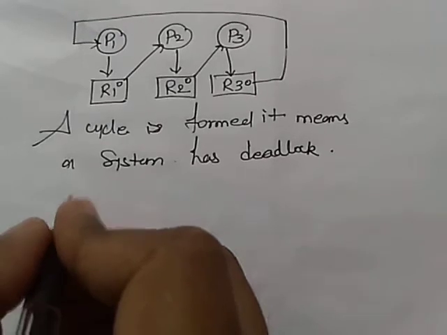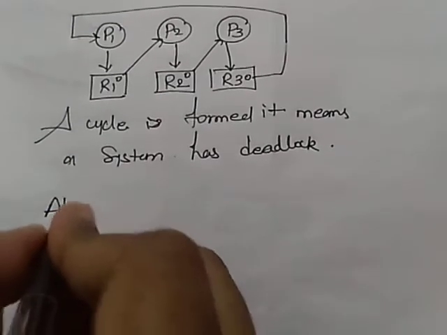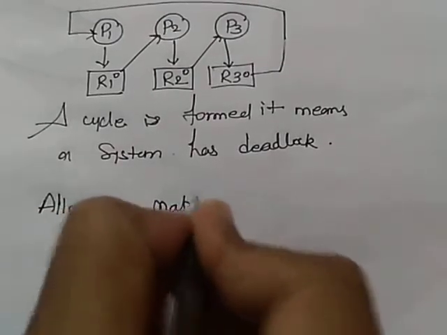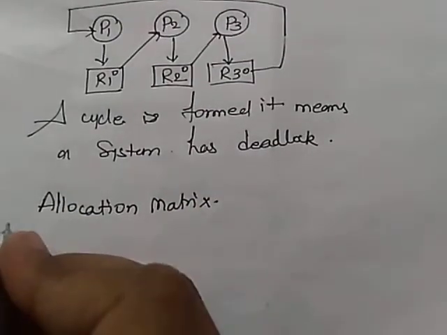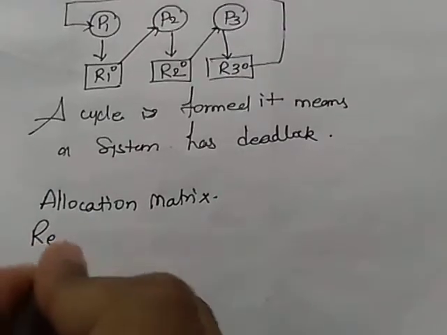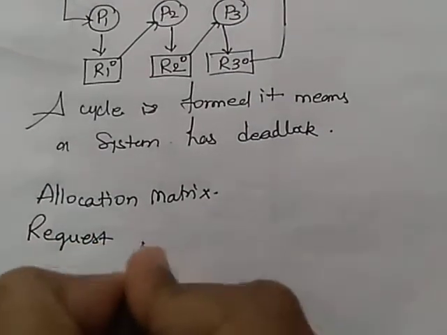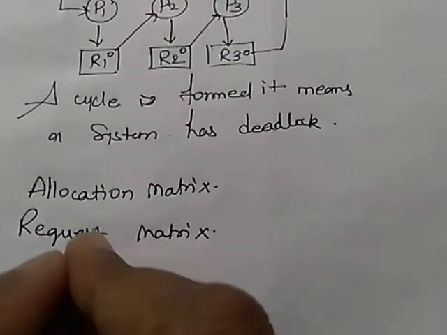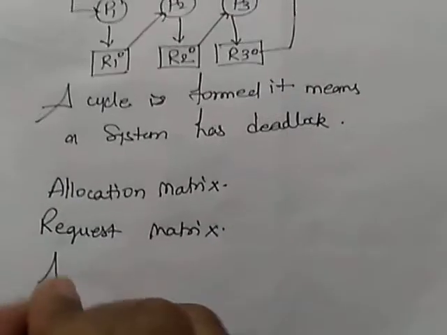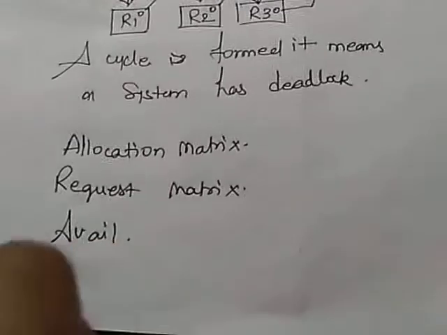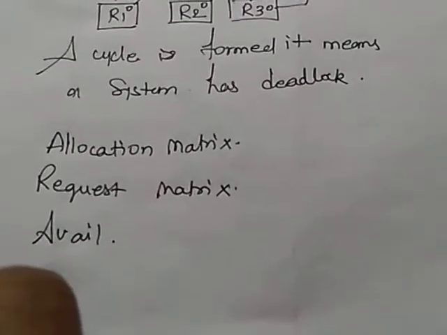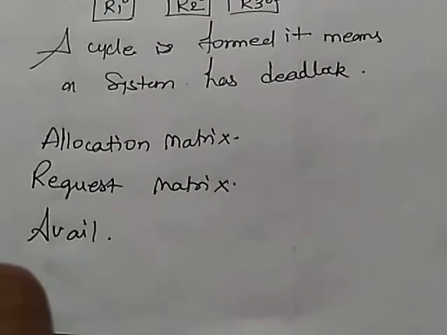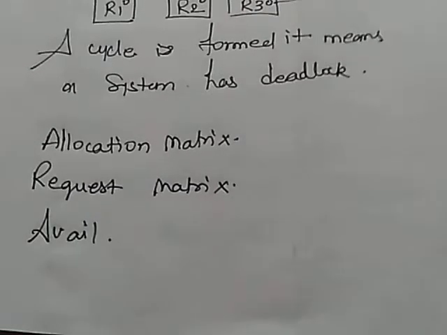One is the allocation matrix, we have to create a request matrix, and after that we have to create the available matrix. So on the basis of this we will analyze whether the system is in a deadlock state or not.